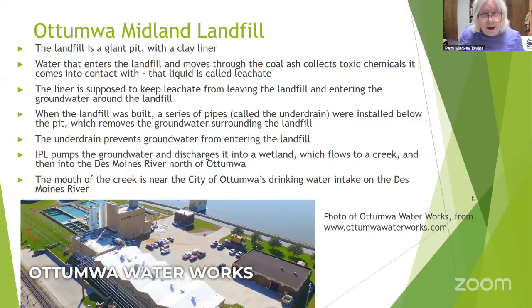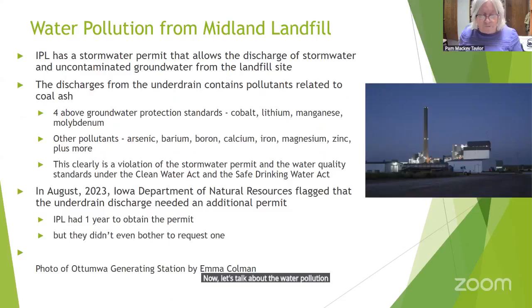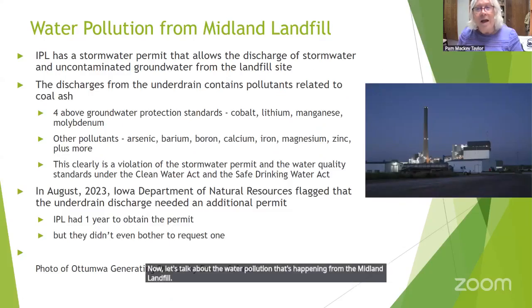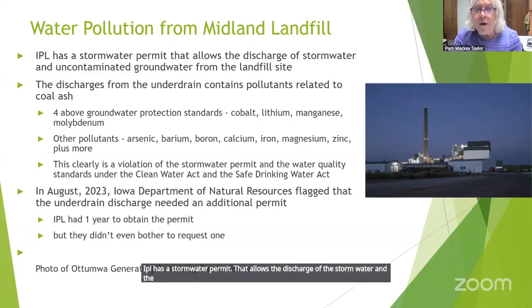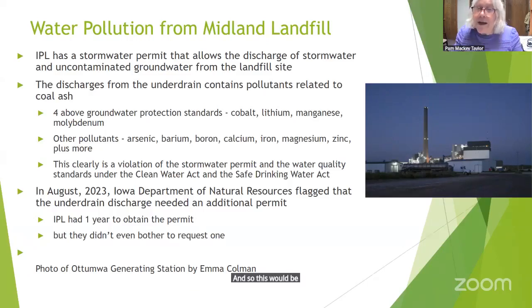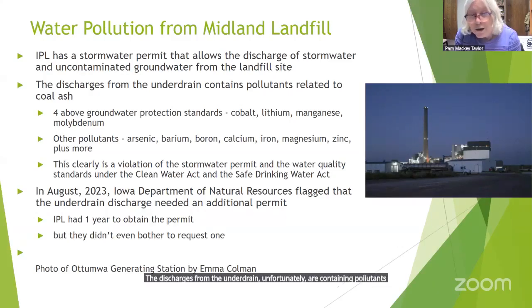Now, let's talk about the water pollution that's happening from the Midland landfill. IPL has a stormwater permit that allows the discharge of the stormwater and the uncontaminated groundwater from the landfill site. And so this would be the water that comes out of the underdrain. The discharges from the underdrain, unfortunately, are containing pollutants related to coal ash.